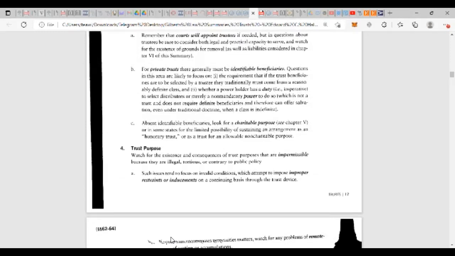B, for private trusts, there generally must be identifiable beneficiaries.